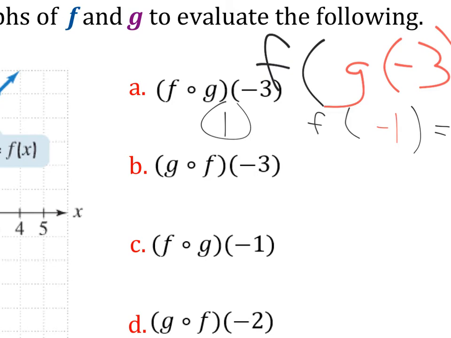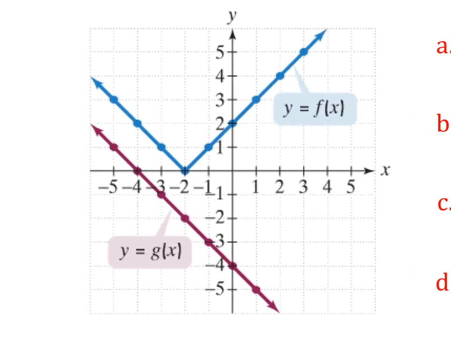Now if we flip-flop those and did g of f, we might find that things could be different. So g of f of negative 3. I'm going to work from the inside out. I need to figure out f of negative 3 first. So let's take a look at the graph. I'm looking at the f function.